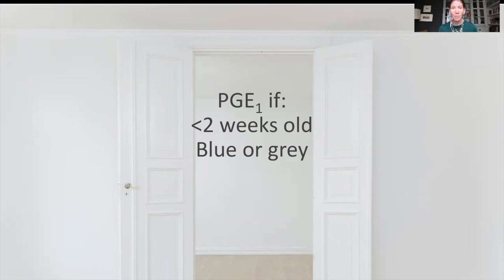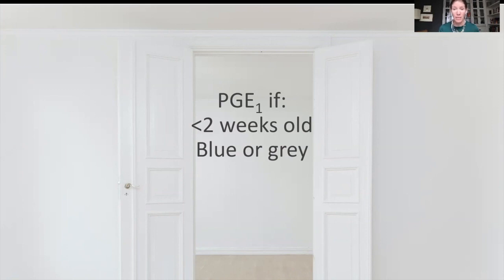The key to remember is that we should give prostaglandin as an infusion if a baby is less than 2 weeks old and has shock that doesn't respond to fluid bolus, or cyanosis that doesn't respond to 100% oxygen. We usually start with a dose of 0.1 mics per kilo per minute, and there should be a response within 30 minutes of starting the infusion, and often it's much earlier than that.